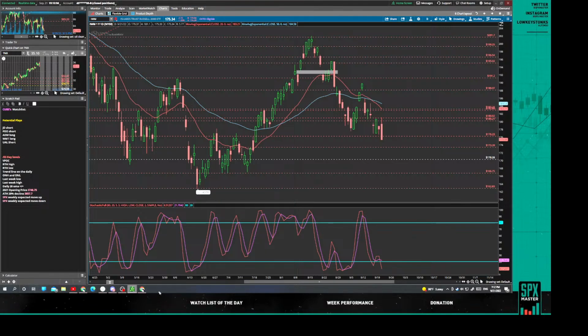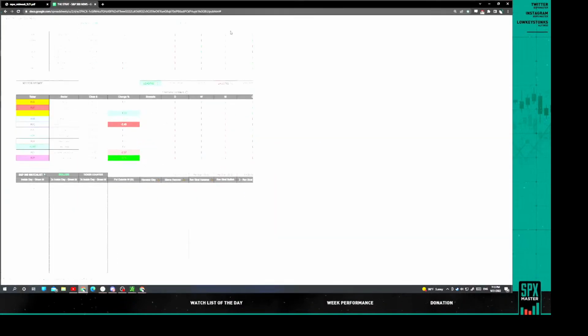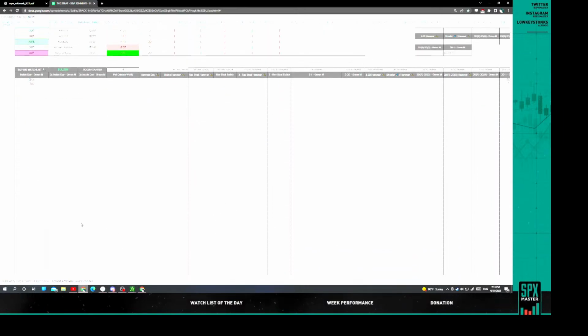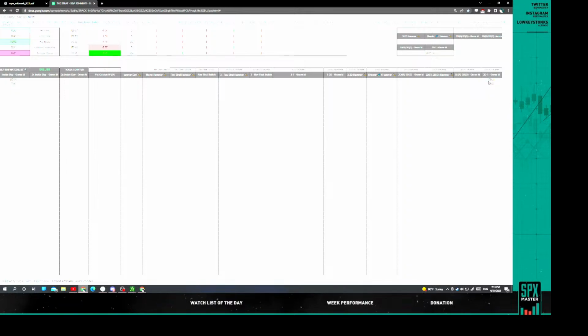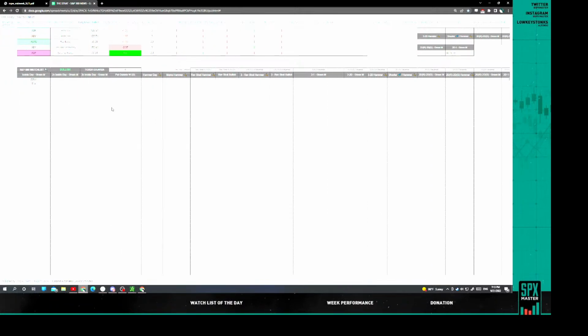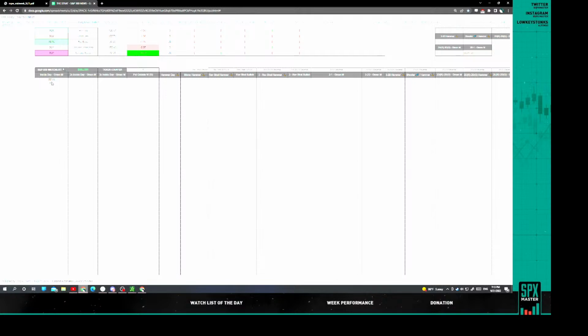I'm going to flashbang you guys a little bit. Watch out if you're in a dark room. I just want to show you the scanner a little bit. This is my scanner for the S&P stocks on the bullish side. If you notice, there's only two tickers on the two down, two up strat reversal right here, and then on the inside candles green month, which is nothing.